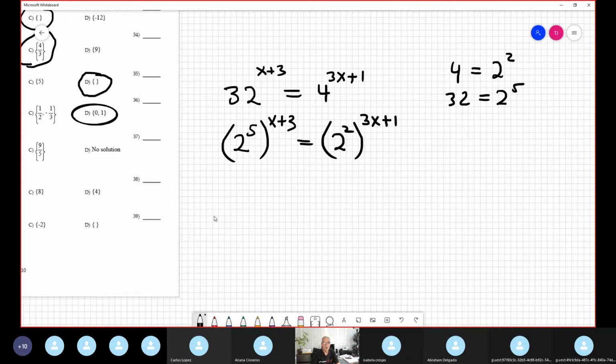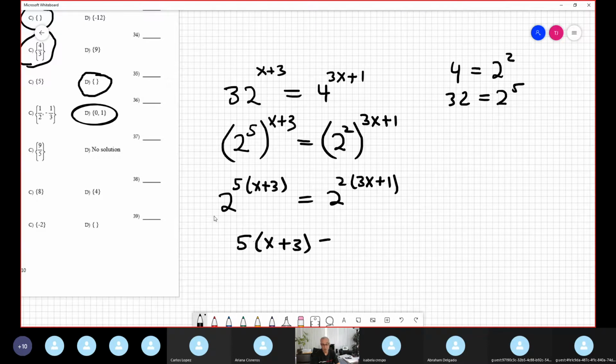One more time, you apply the rule of the exponent. When you have different levels of exponent, you multiply: 5 times x plus 3 and 2 times 3x plus 1. Crucial moment. Same exponential, same base, therefore the exponent is the same.